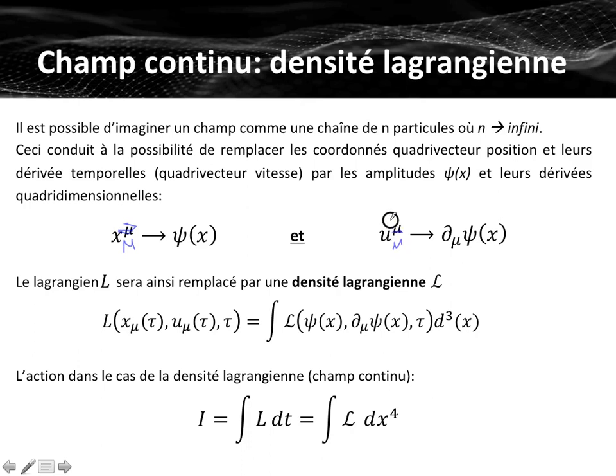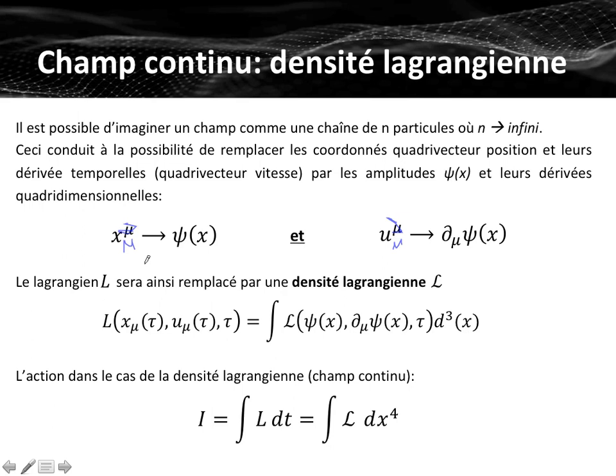But basically, yes, x mu, instead of the position, we will talk about the field function or the field amplitude, because now we have a lot of x's, a lot of points everywhere, and then the derivation or the time derivative of x mu, which was u mu, will be replaced by the gradient, so the 4-vector gradient of psi, which is the function of the field, right?